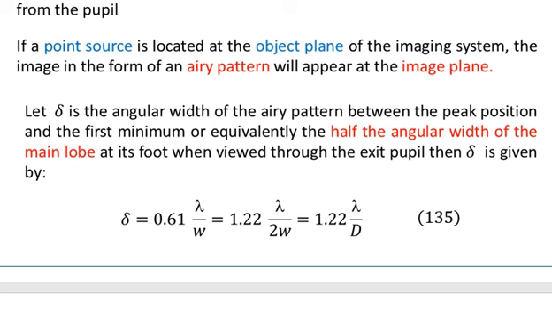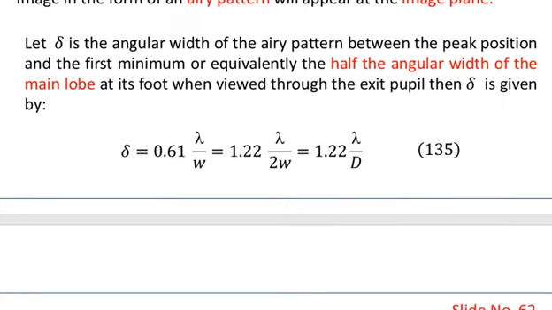Then delta is given by the half width of the main lobe, that is from the center to the first zero, and delta is equal to 0.61 lambda over w, which is equal to 1.22 lambda over 2w, or 1.22 lambda over capital D. So capital D is actually the diameter of the exit pupil. Earlier we mentioned it as 2w, but here the diameter is represented by capital D, as in equation number 135.